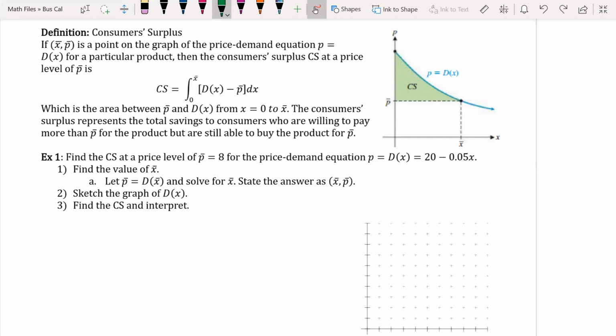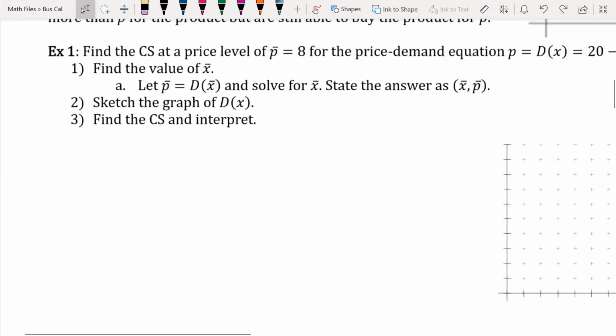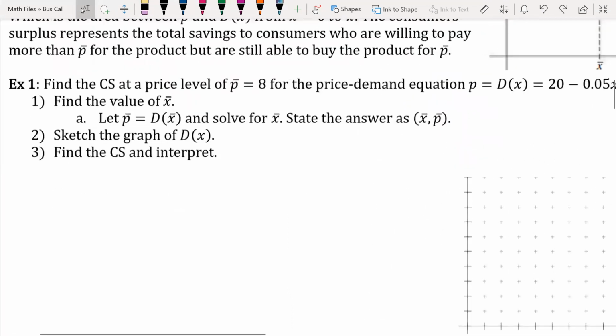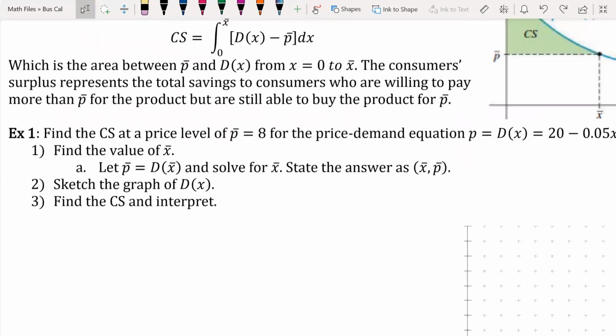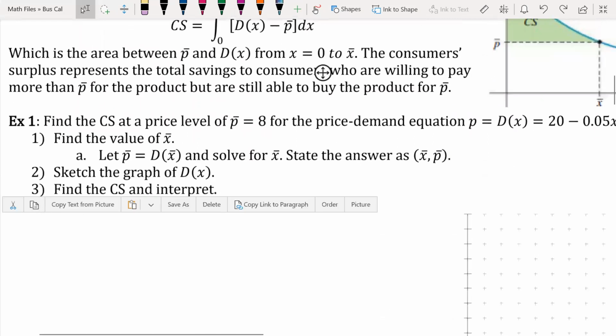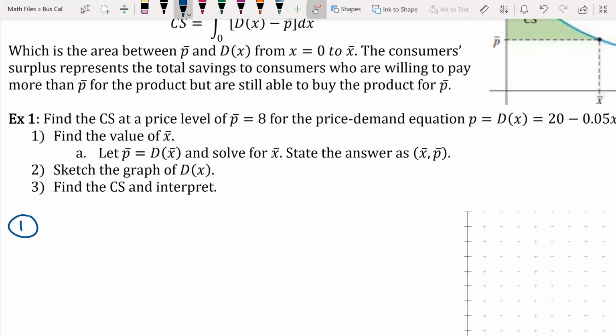All right, number 1. Okay. So step 1. We let P bar equal to D of X, which means P bar, which is the current price, is 8.